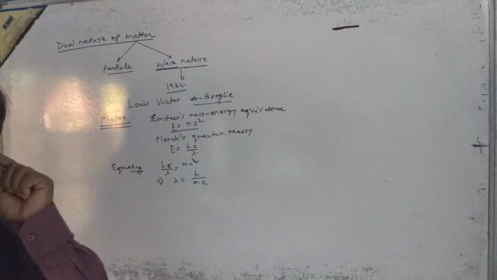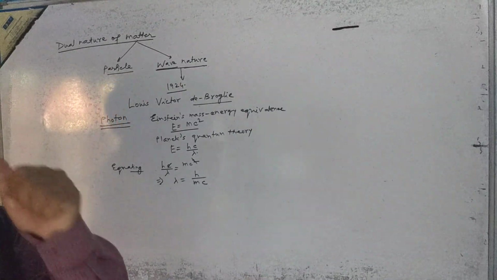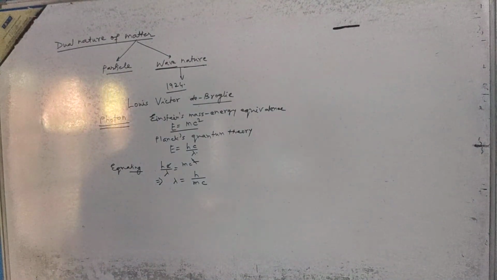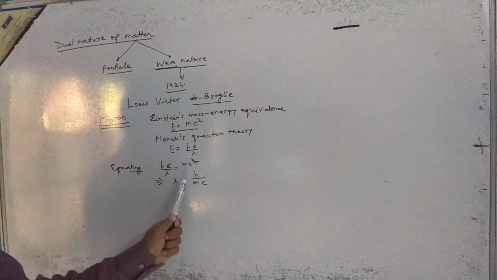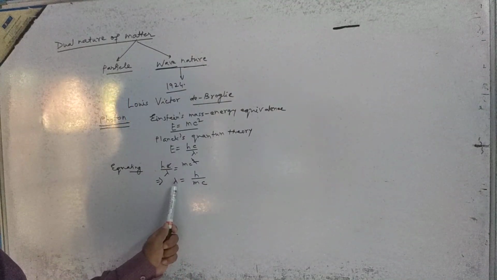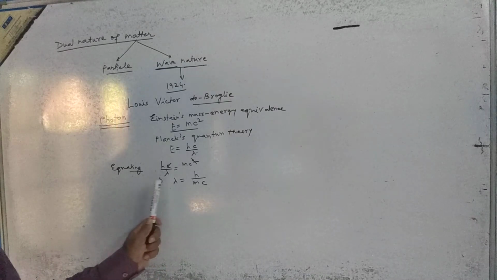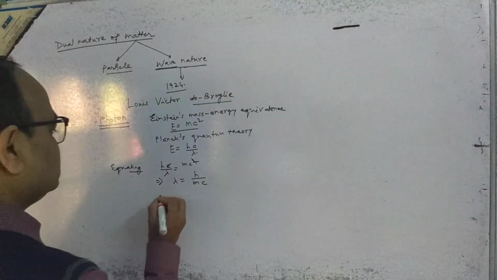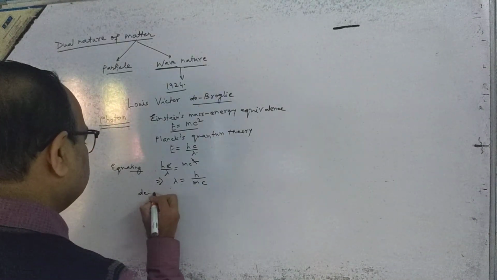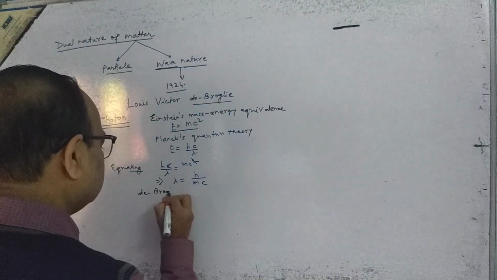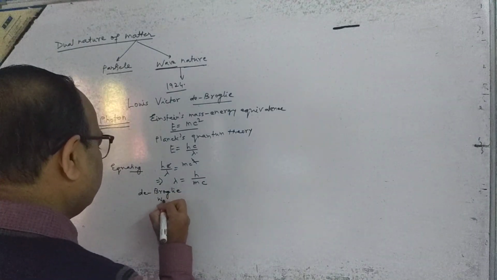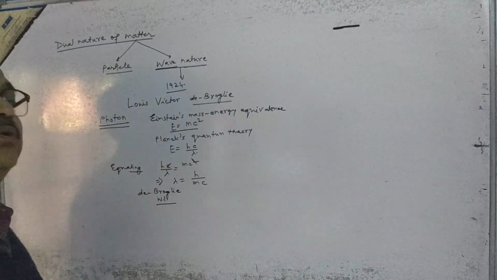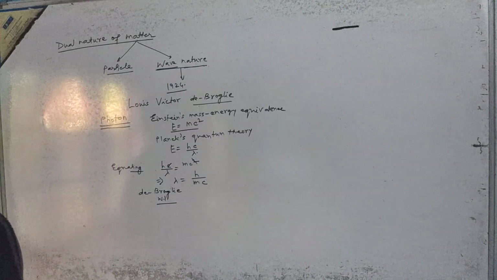This wavelength which we are getting is actually called the de Broglie wavelength.